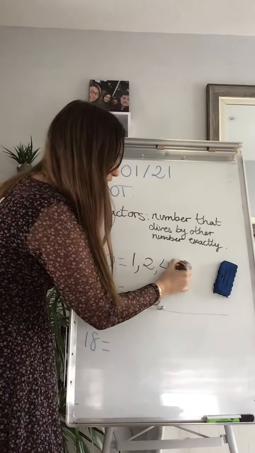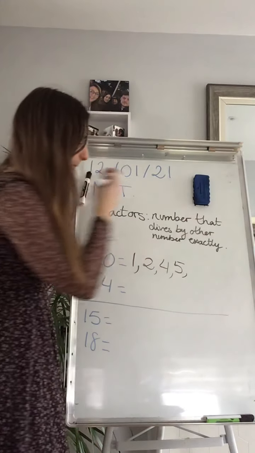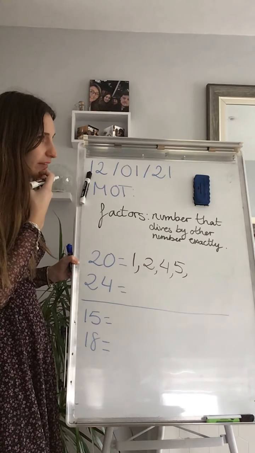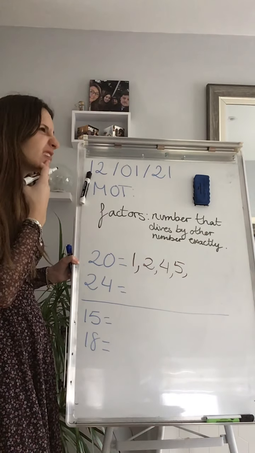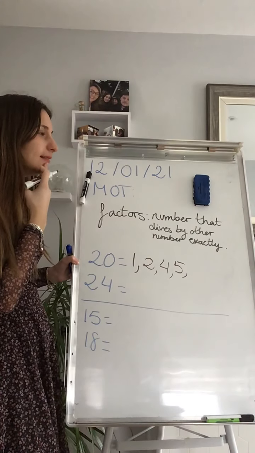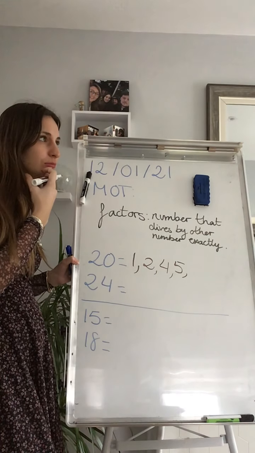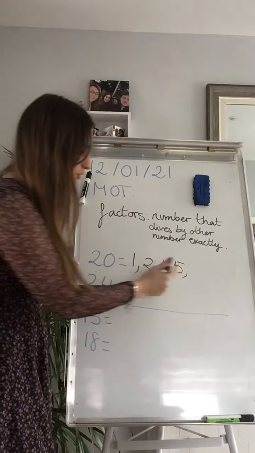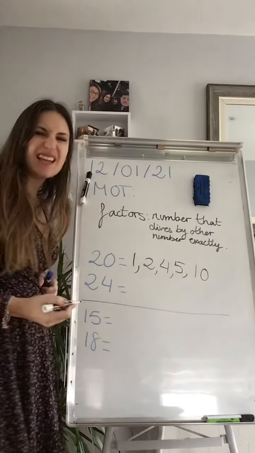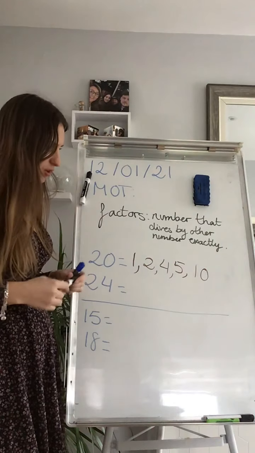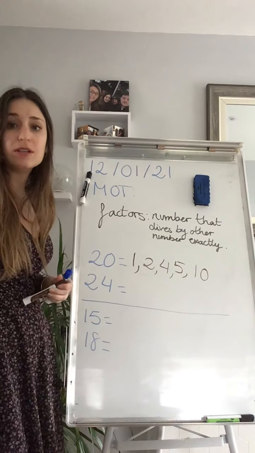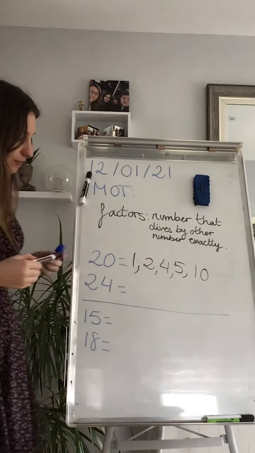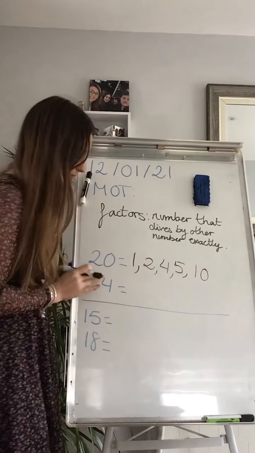So 5 times 4. 6, no. 7, no. 8, no. 9, no. 10, yeah, 10 times 2. 11, no. 12, no. 13, no. 14, no. Up to 20. So these are my factors from number 20.